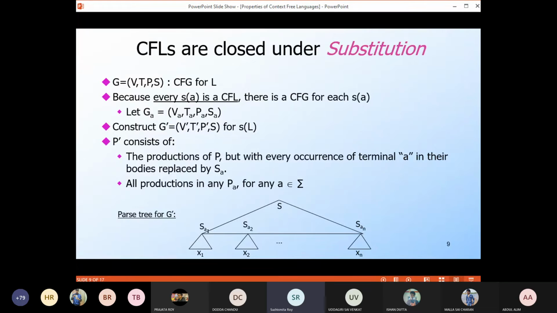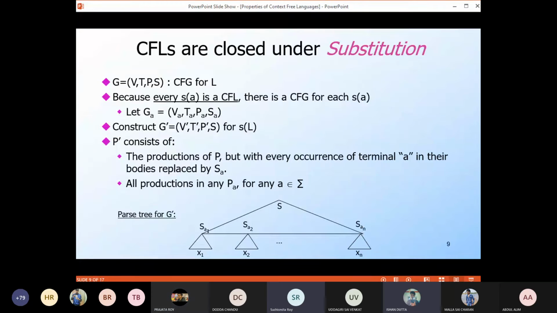For every terminal symbol, you have a separate context-free language which can replace it, and which can derive many strings possibly. Each of these strings would be derived in the subtree which is rooted at this point. Can you see what is happening? Is this part of the derivation clear to all of you?